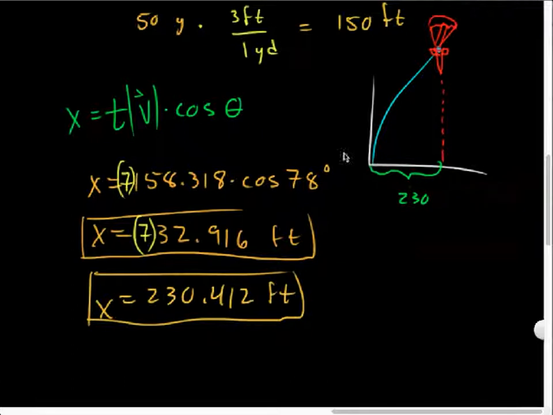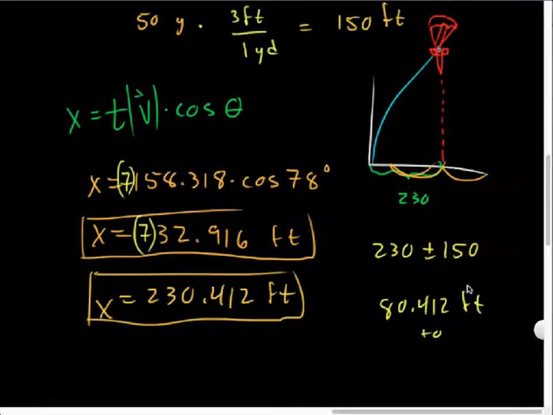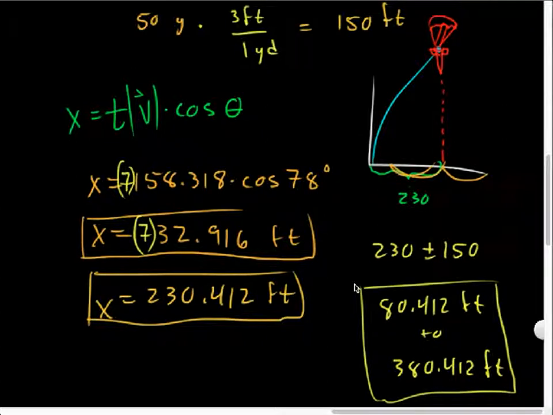I not only have to worry about 150 feet this way, but also this way. So I'd be interested in 230 plus or minus 150, which gives me those two ranges. 230 minus 150, I would say 80.412 feet, to 230 plus 150, which is 380.412 feet. If we want that in yards, dividing by 3, now I get 126.8.